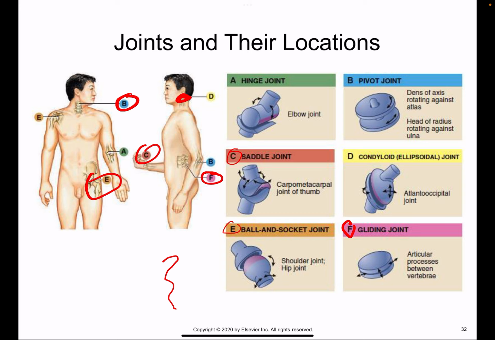Regardless, move your wrist around, move your thumb around. You can see how complex that movement is. Then, of course, we have the ball and socket again in the shoulder. And finally, our hinge joint right there in the elbow. That helps me flex and do everything I want to do.